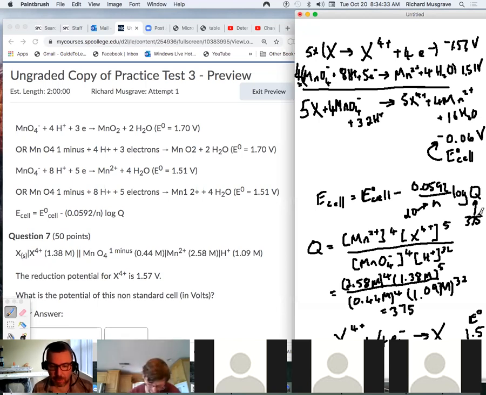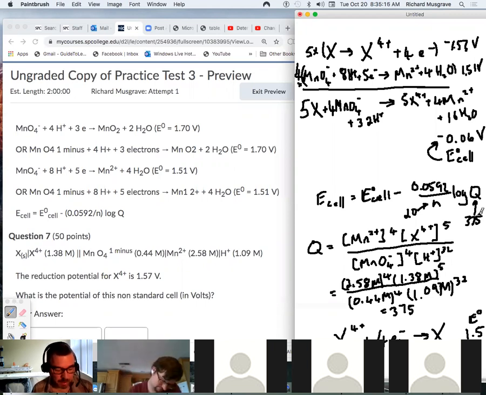And then we can go ahead and calculate our E cell, which is going to be, let's see, negative 0.06 volts, minus 0.0592 divided by 20 times the log of 375.